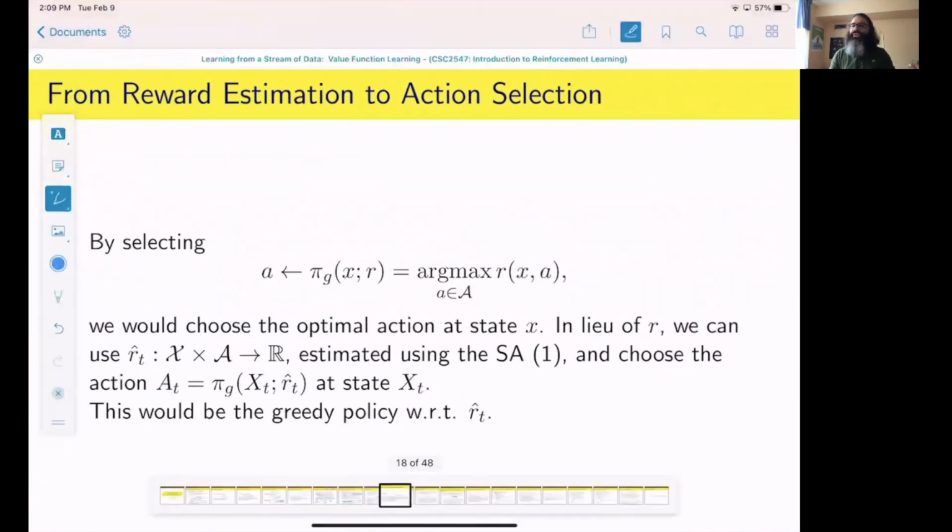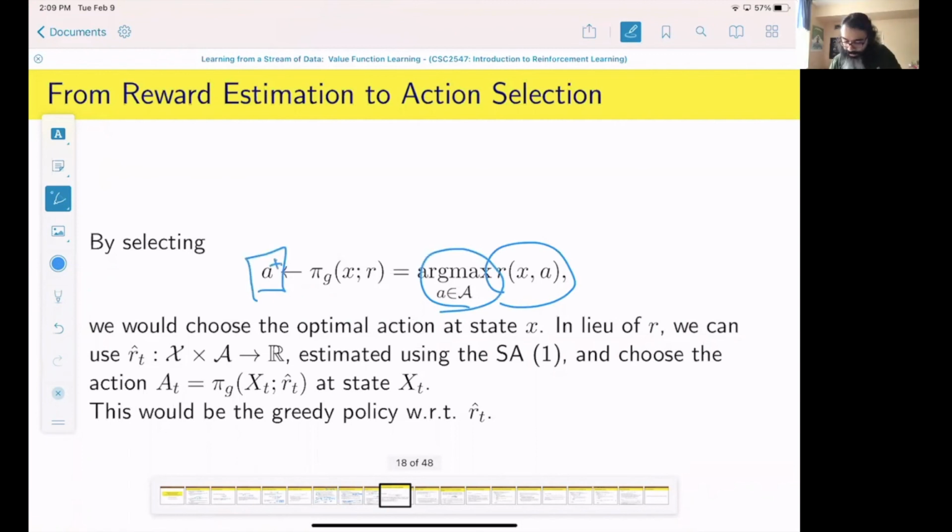Okay, so now let's talk about how we can choose actions, because that was the initial goal: how to find a policy for this simple problem so that we get good performance. Previously, if we knew the reward function, we computed the argmax of it, and that action would be a good action.